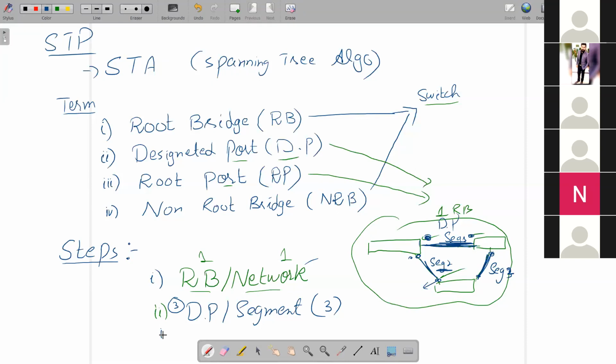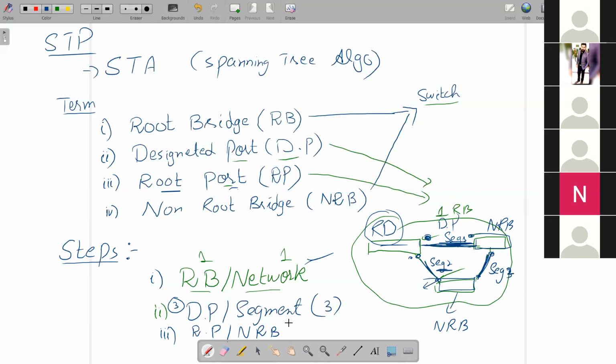And the last step is you need to figure out the root port per non-root bridge. Other than the root bridge, for example, in this network, this switch has been elected as the root bridge. Then the rest of the switches are called non-root bridges.